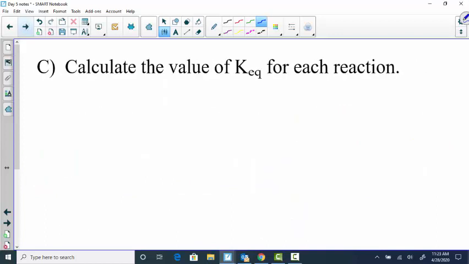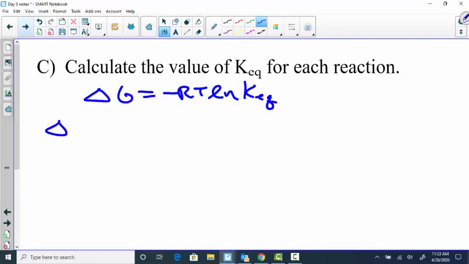The next thing we want to do is look at how does the equilibrium constant affect each of these. Okay, and so we're actually going to go back to the equation delta G equals minus RT times the natural log of KEQ. And I'm going to assume that you can plug and chug. So the delta G for NaCl was minus 9 kilojoules. I'm going to assume that you can plug and chug and find K for that.